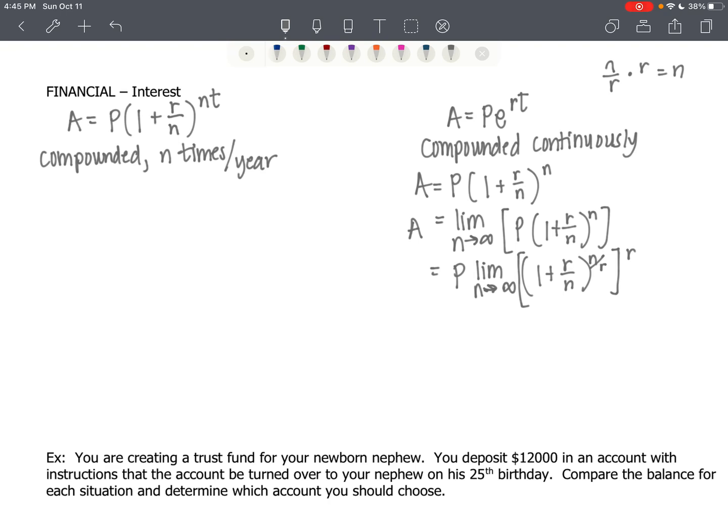Now for 1 plus R over N, let's let N over R equal X. Then I have P times the limit as N approaches infinity of 1 plus, if N over R is X, R over N is 1 over X, N over R is X, and then that's raised to the R power.